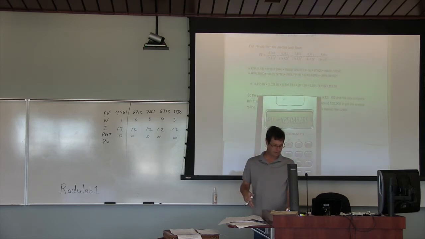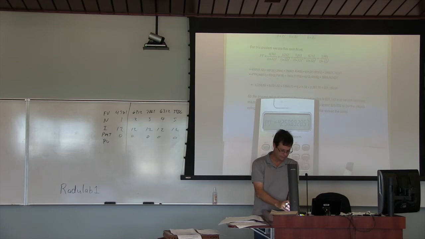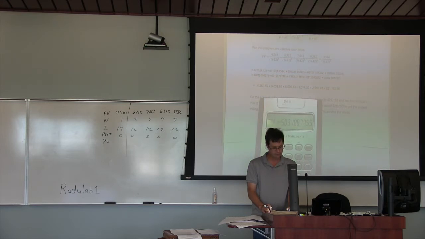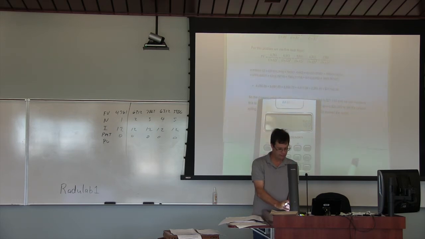Once you've got the 12% in there, you can just roll through these. 6312, discounting that for 2 years as N, compute PV, there's your next 5,031.89. The 7863 future value, 3 is N, compute that PV, 5596.73.